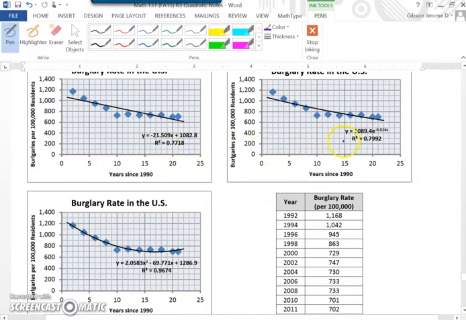Now, we look at the R-squared. We're looking at the relationship between the points and their equations. If you notice, this graph here, which is the quadratic, has the strongest relationship at 0.9674. So you would get more accurate results when you use the quadratic equation.